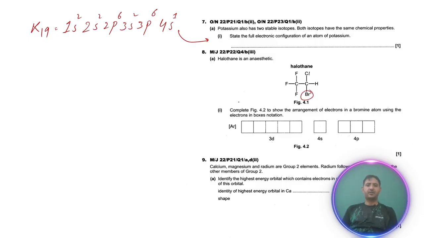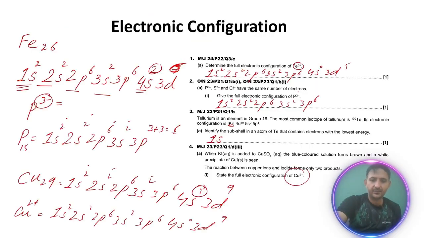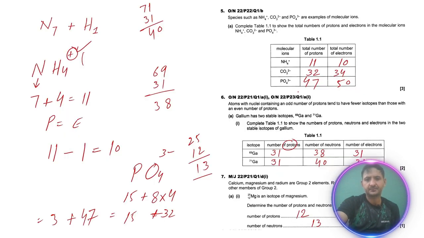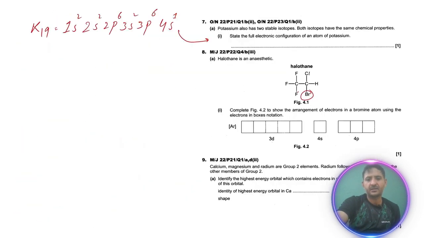Okay. We have bromine, and first we need to check its atomic number, how many electrons are there in the bromine. So the bromine atomic number is 35. Okay, it means there are 35 electrons in the bromine. So I'm writing the full configuration of bromine for your practice.